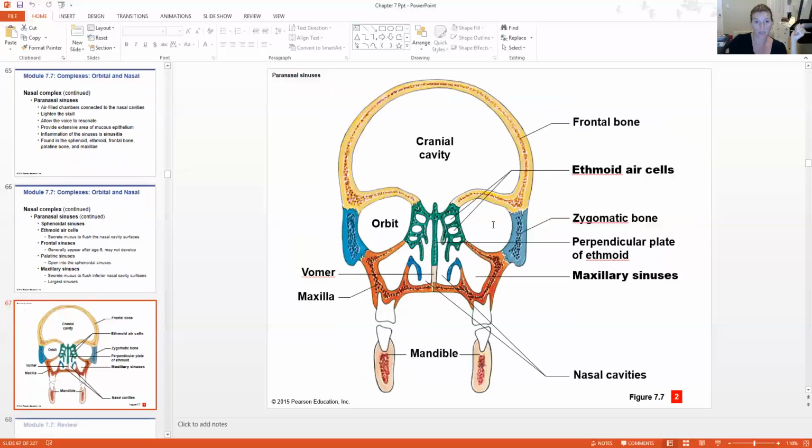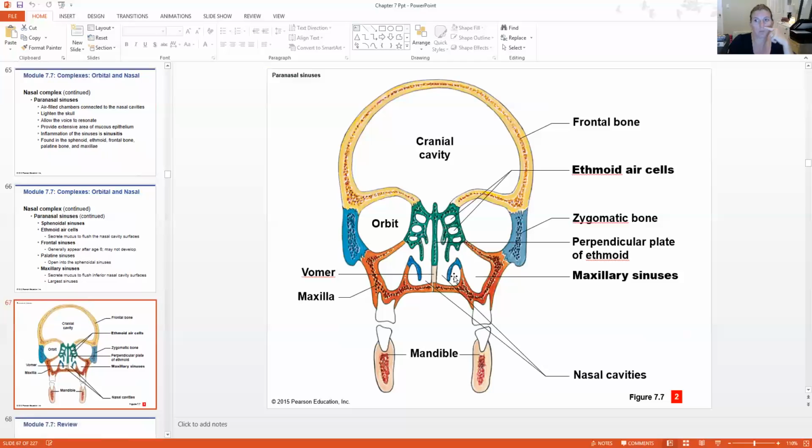So those are our largest sinuses. Here you can see a little bit better some of these pockets, the ethmoid air cells, like I was talking about, this kind of honeycomb-like network of chambers. You can see the maxillary sinuses here, these hollowed out spaces of the maxillary bone. And the nasal cavities.